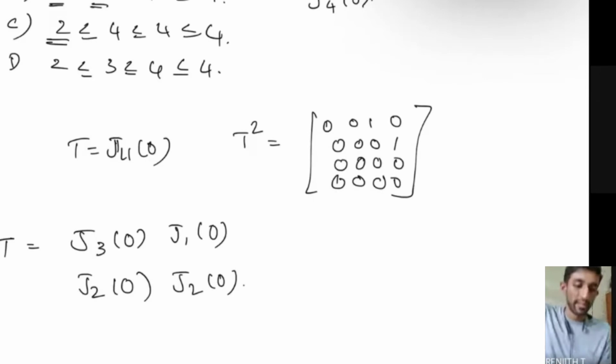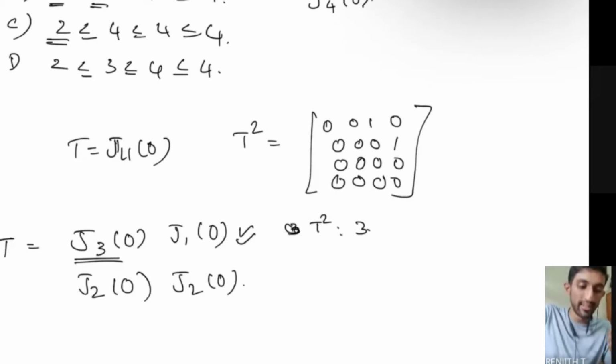If you square this J3 of 0, J3 will have 2 ones, and if you square it, J3 will have only 1 one, right? So this will have nullity 3 if T square has nullity 3.